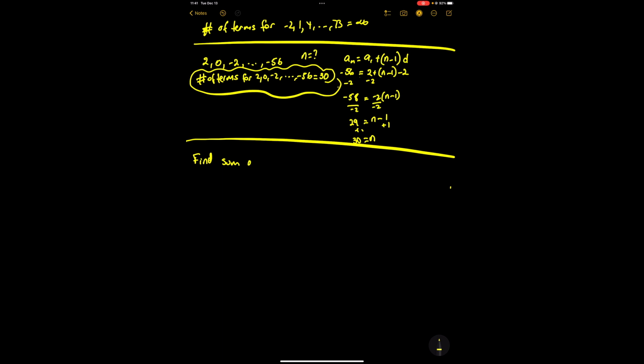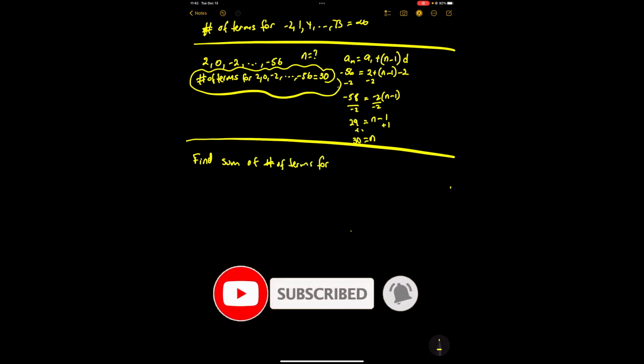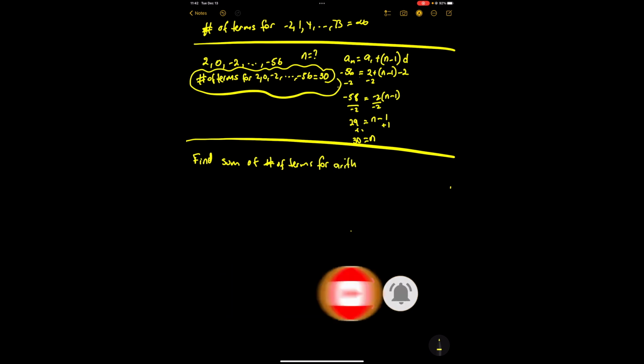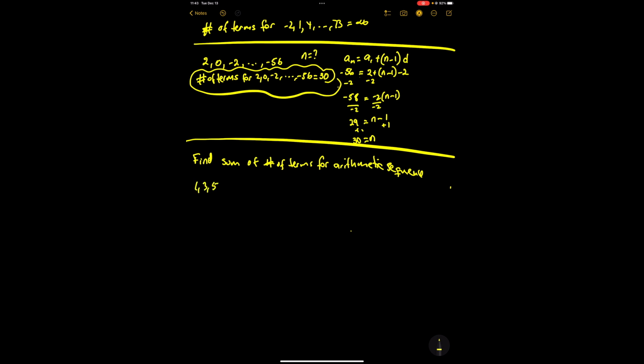Find the sum of the number of terms for an arithmetic sequence. Let's say we have 1, 3, 5, and then n is equal to 50.